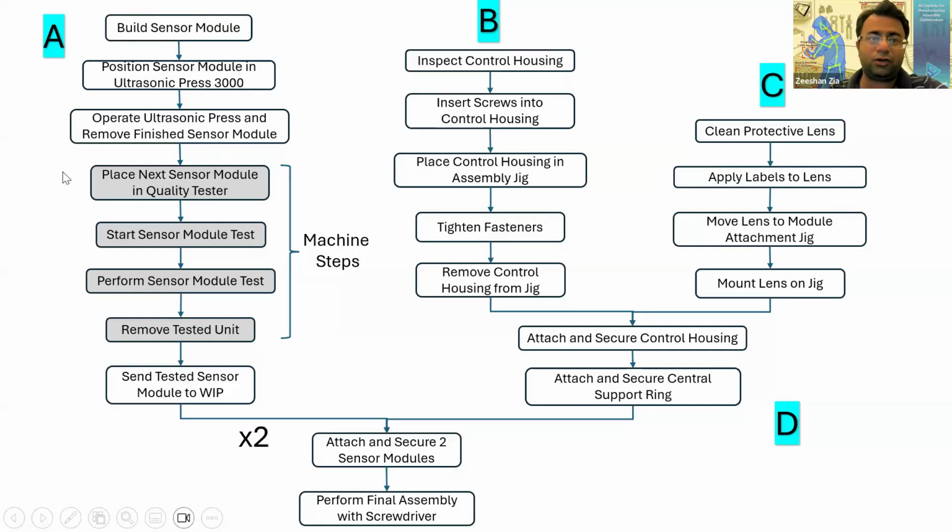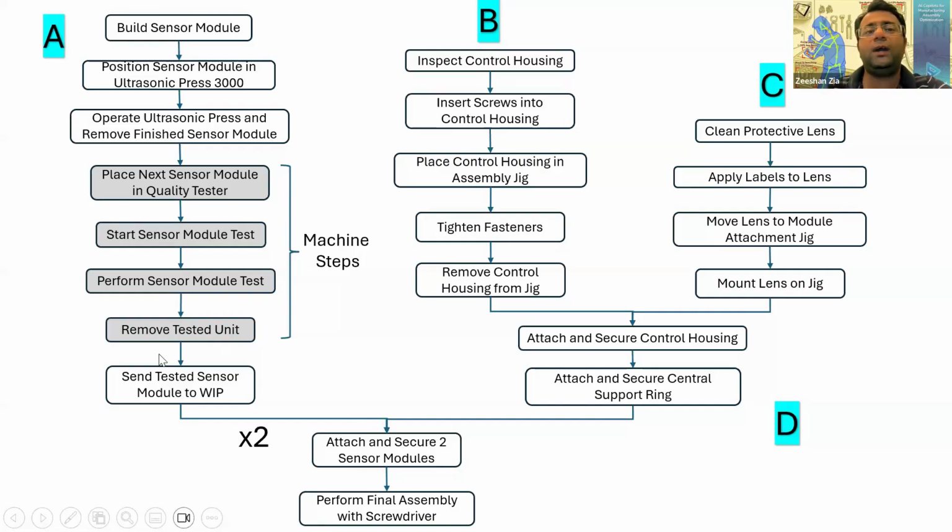But then we get to this: once you remove the finished sensor module from the ultrasonic press, you put it in the quality tester. And then you start the module test, you actually run the test, and then you remove the tested unit, and then you send it to the WIP.